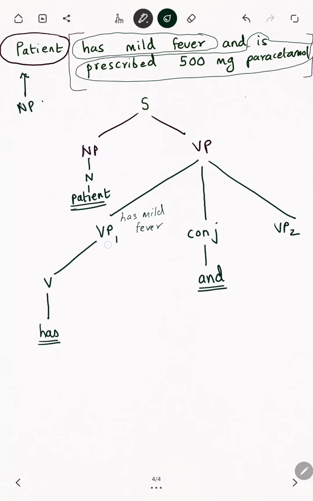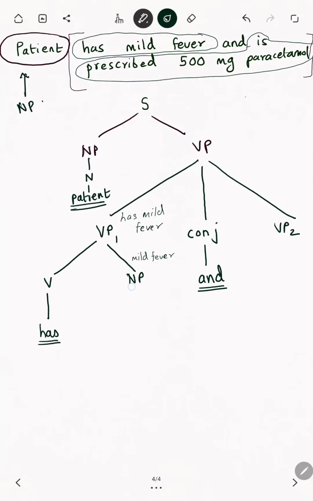Then the noun phrase in this case, again, as long as we are not down to individual words, we'll call them phrases, right? So we have a noun phrase. The noun phrase is mild fever. Now from the basics of English grammar, you know that mild qualifies fever, so we'll say that mild is an adjective and fever is a noun.